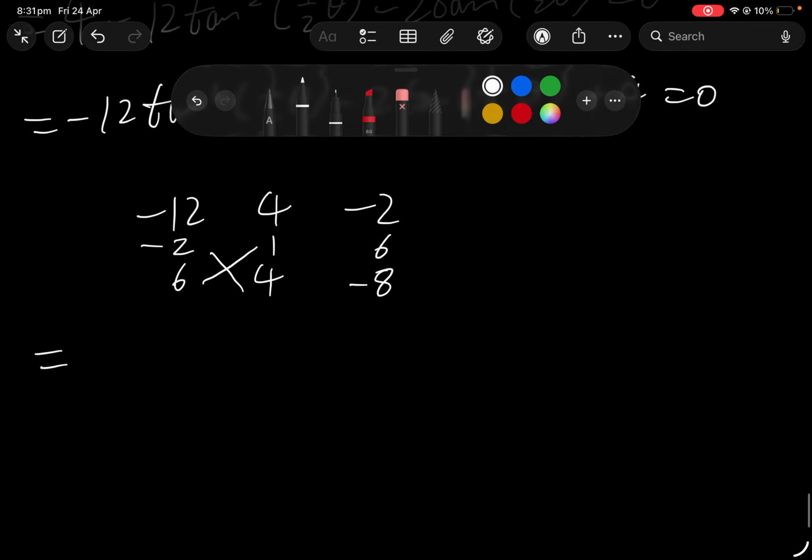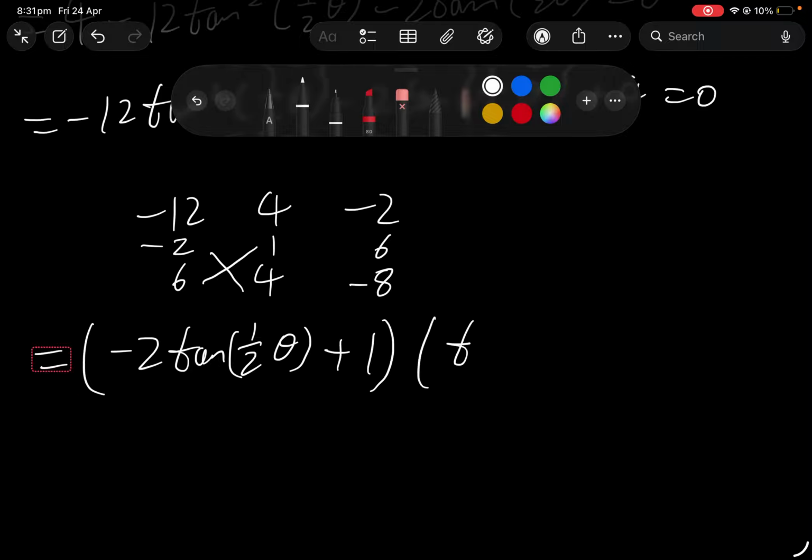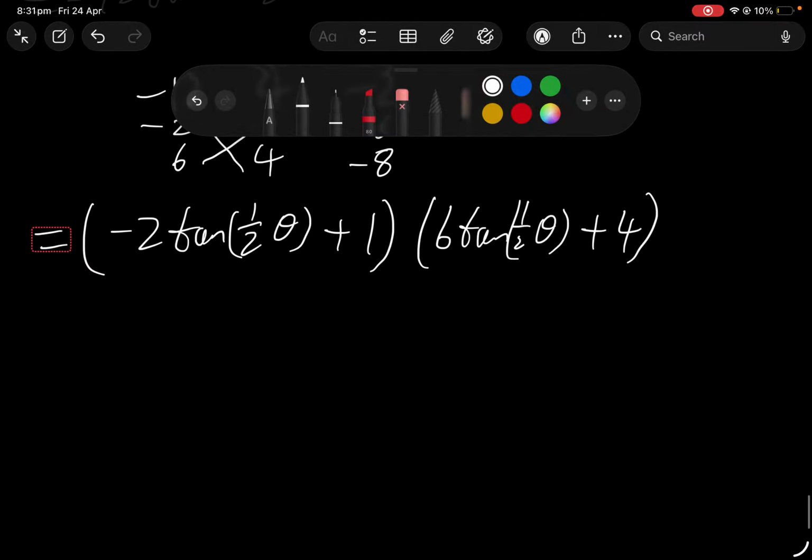So this will lead us to negative 2 tan a half theta plus 1, and 6 tan a half theta plus 4. So this will result in our tan a half theta being what makes each bracket 0.